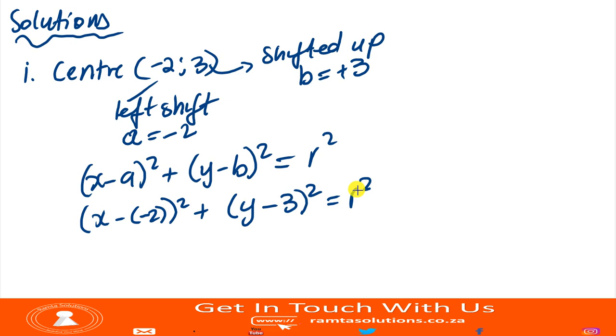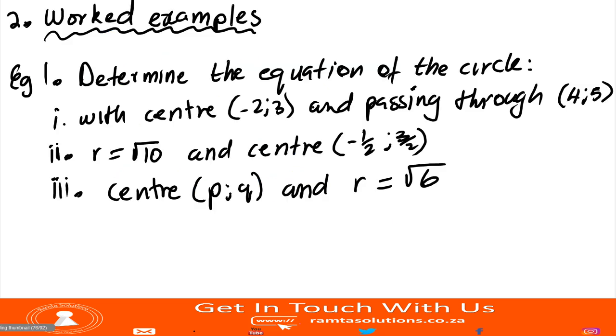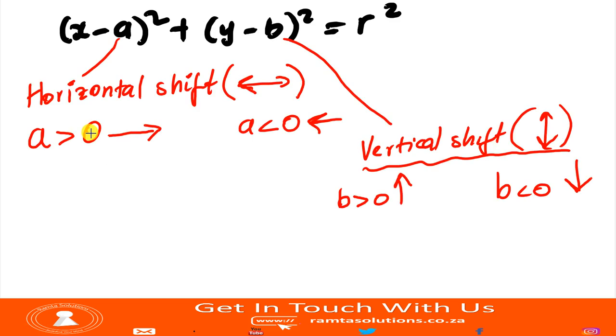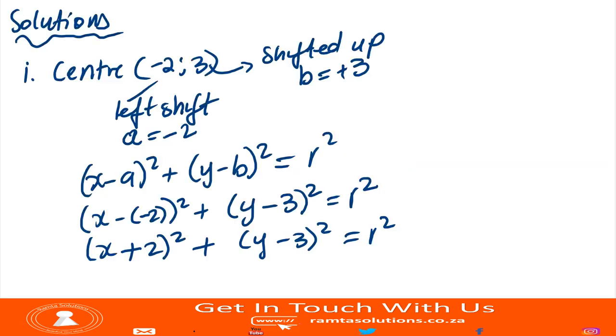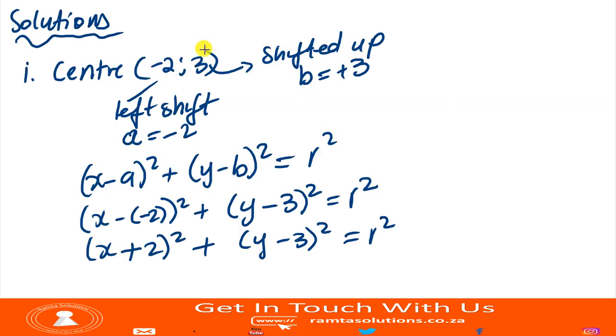So this is (x plus 2) all squared plus (y minus 3) all squared equals r squared. Pay attention, we said when a is positive, it shifts to the right. When a is negative, it shifts to the left. Now look at this. Doesn't it show that it has shifted to the left? Yes. Now, we have a point that we have to use. That point was (4, 5), I believe.